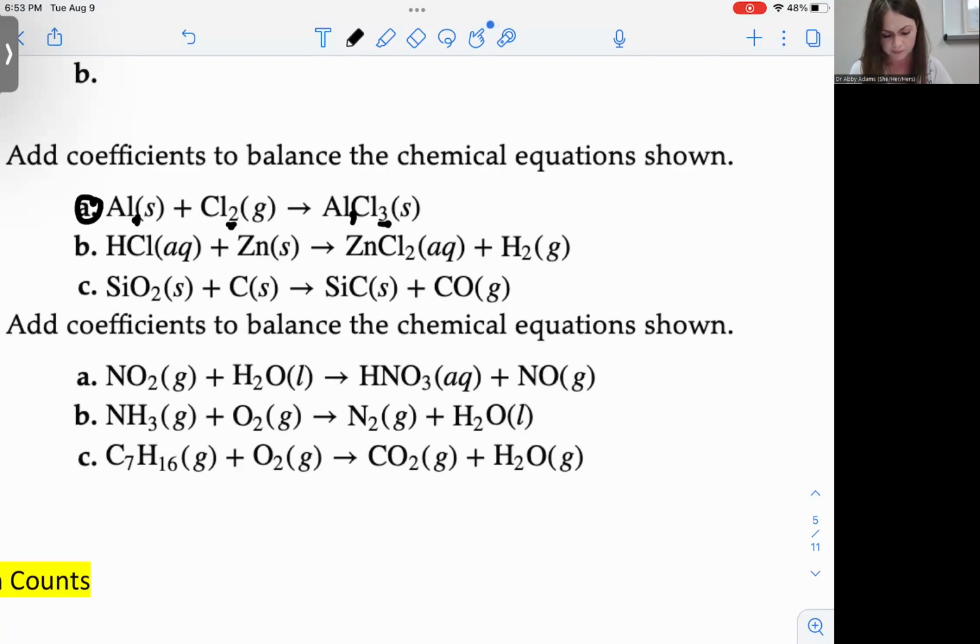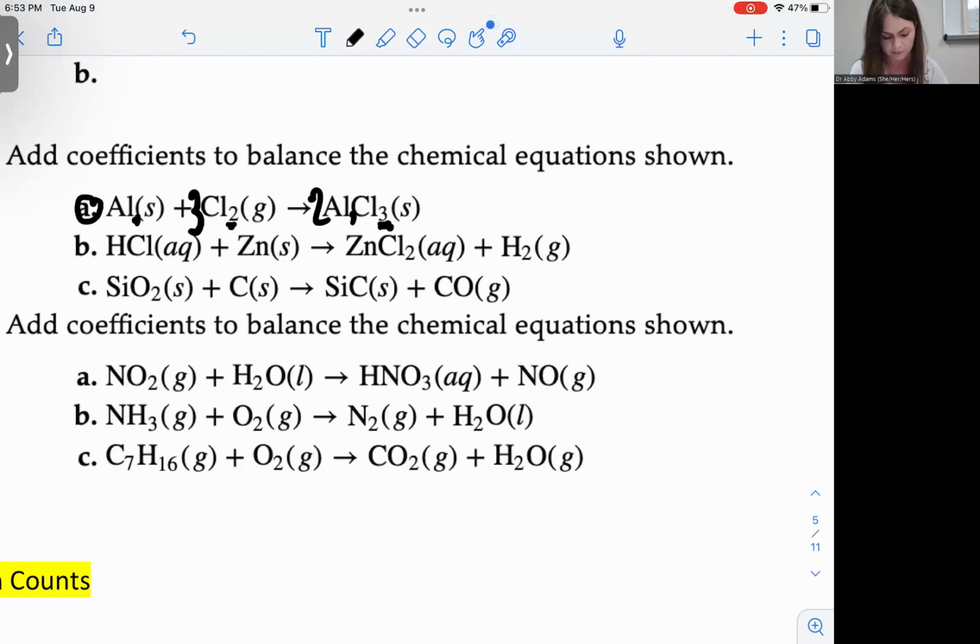Watch what I mean. Let's see if it works. So here, this chlorine on the product side is 3, so we're going to put 3 over here. And on the reactant side, it is 2, so let's carry this 2 over. So we moved the 3 from the products to the reactants and the 2 from the reactants to the products.